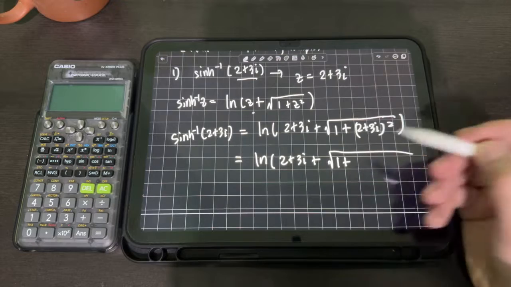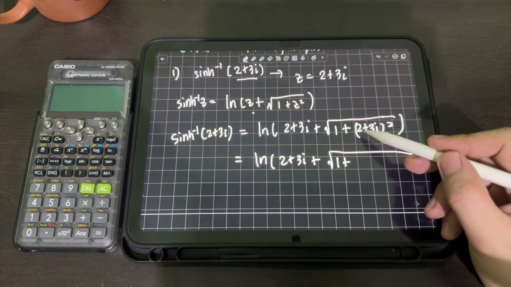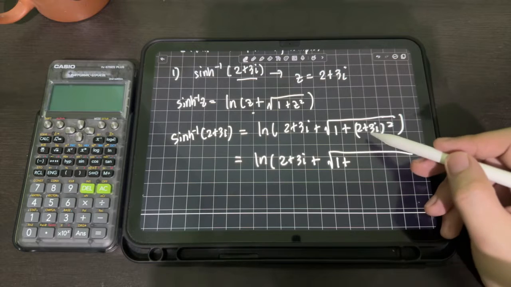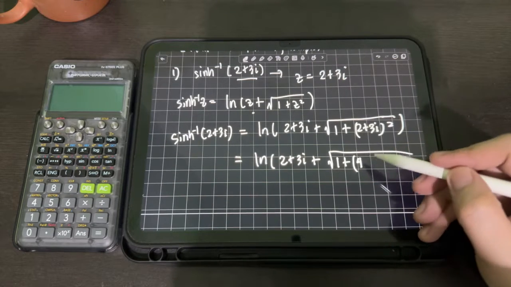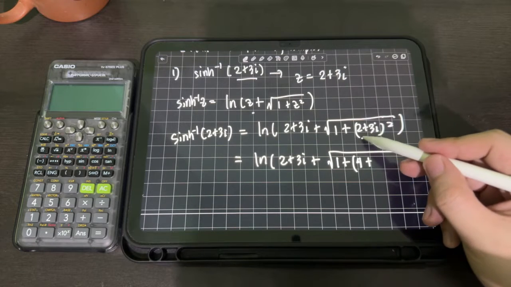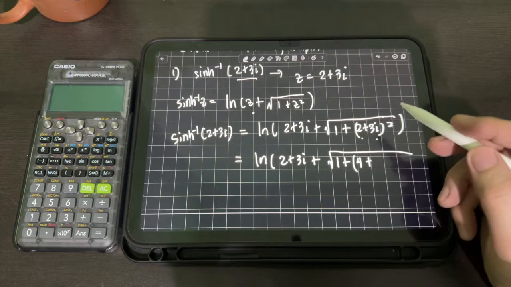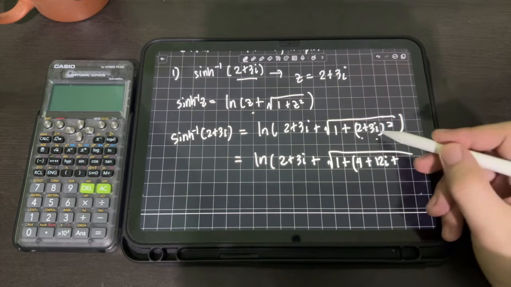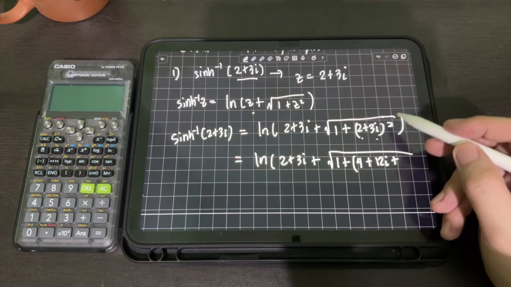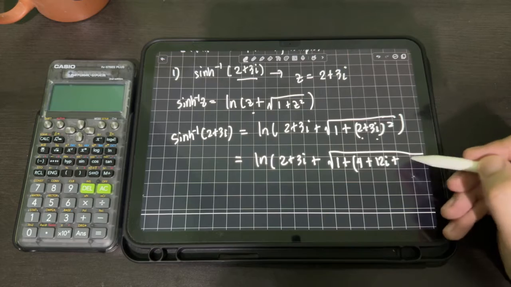We have 1 plus squaring this 2 plus 3i. The special product for the square of a binomial: square the first, that will be 4, 2 squared is 4, plus the product of the first and the second, 2 times 3i, 6i, multiply it further by 2, that's 12i, then plus the square of the second term, 3i quantity squared, that will be 9i squared.